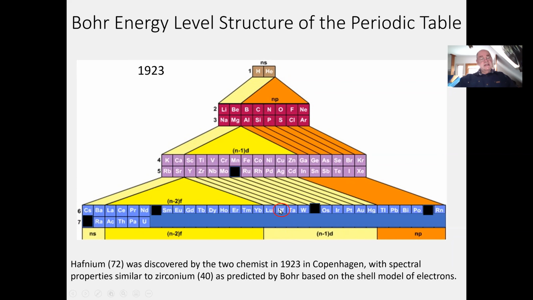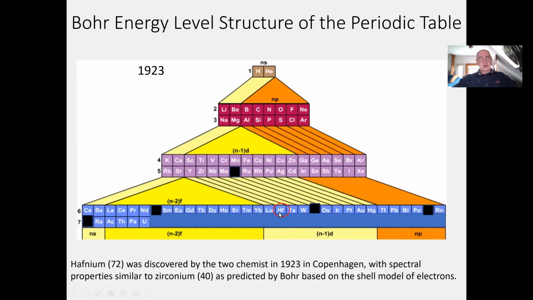And this was finally discovered in 1923 with the help of Bohr, looking at the spectrum of this element number 72, and therefore looking at the energy levels that are being given off, and looking at his model, as difficult as it was for multi-electron atoms.